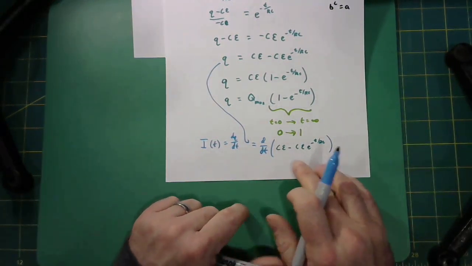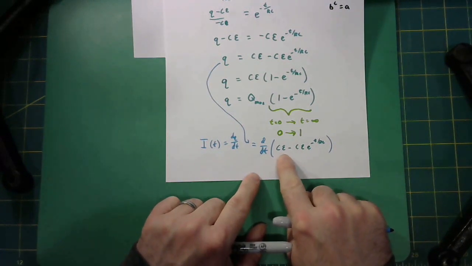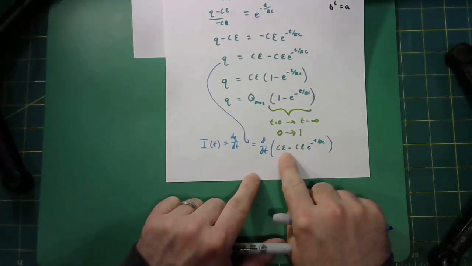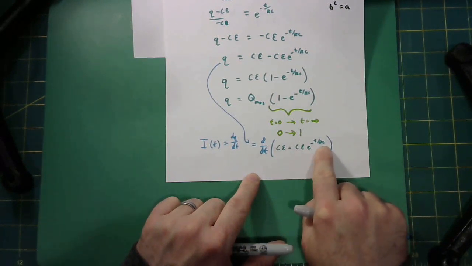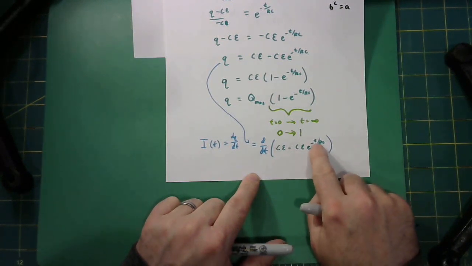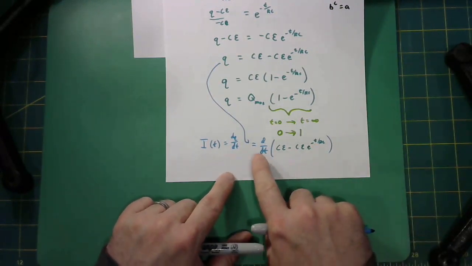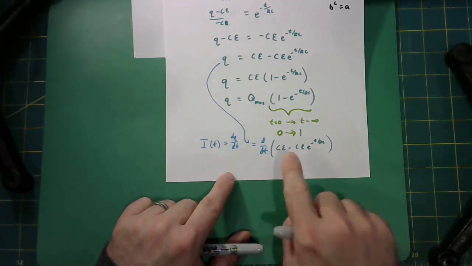And you say, now remember, C and the EMF, the capacitance, the EMF, the voltage of the battery, these are constants. R, resistance, and C, capacitance are constants. The only variable here is t. So when I take the derivative of a constant, that's just 0.